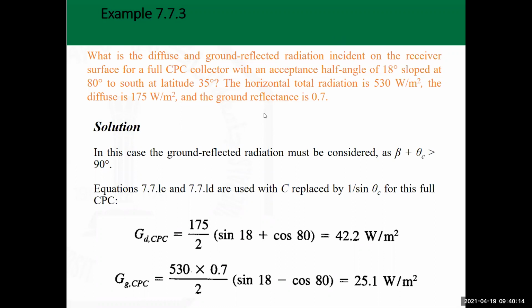The point here is that I want you to follow exactly what we have done in the examples that we have for the F-chart method. What we are looking for, basically, is that we have a hotel in hand. This hotel has a certain number of rooms, and the daily consumption of hot water is given for your case, which is the same for all of you.